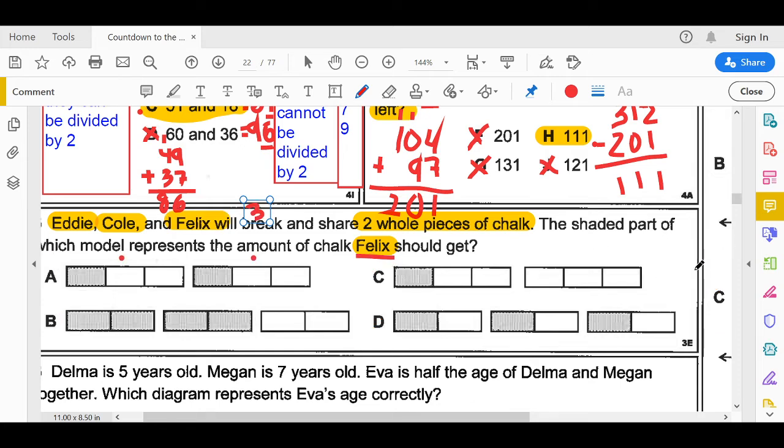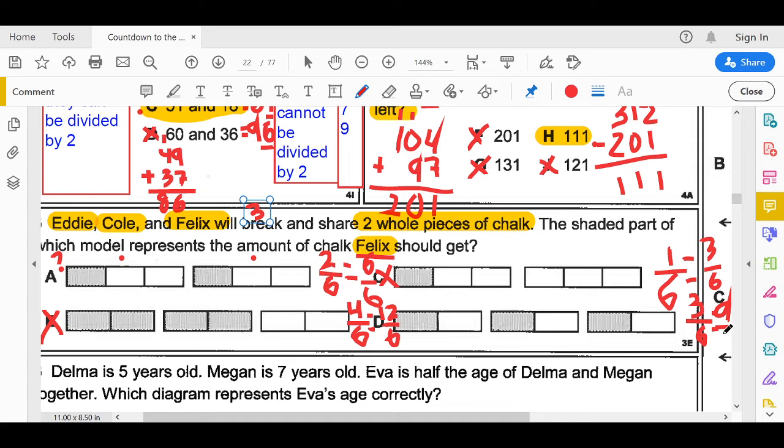This means that if I use that number, 3 out of 6, I'm going to have some extra pieces of chalk, and that's not what we need. 3 out of 6 is the last one, and when I add 3 plus 3 plus 3, that's going to be 9. 9 out of 6. And that's not the number that we need, so letter D is not correct. I'm going to cross it out here. And the option, of course, is letter A, because Felix and the other 2 friends are going to get 2 out of 6 each of them.